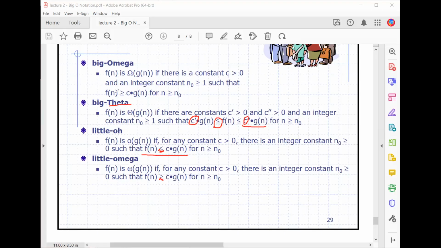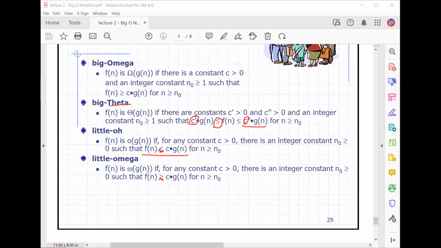You see in here, big omega, f of n is greater than or equal to c times g of n. Little omega will be f of n is greater than c times g of n, no equal. So this is not correct in this slide. And little o is less than. Big theta is where worst case and best case is the same function, but the constant might be different. Little o is just like big O, except for this equal. And little omega is just like big omega, which is best case, but without this equal.